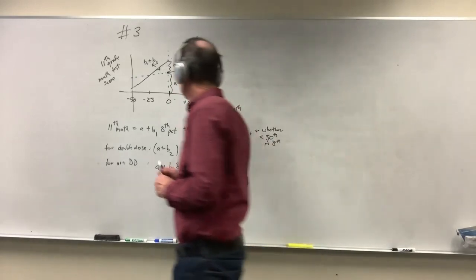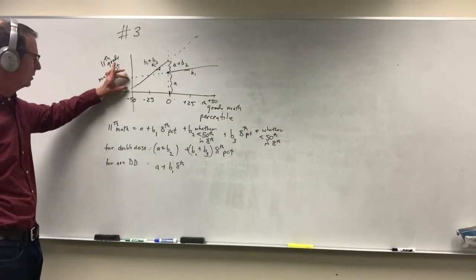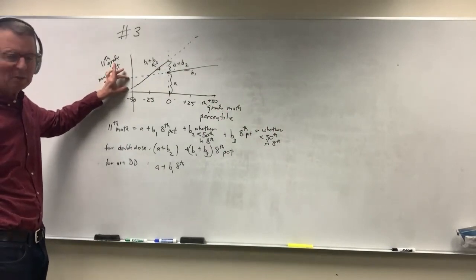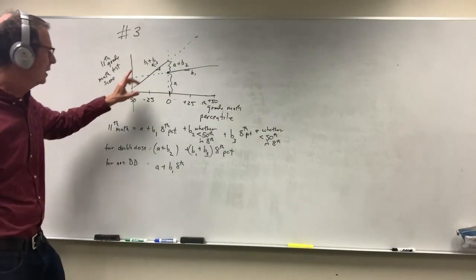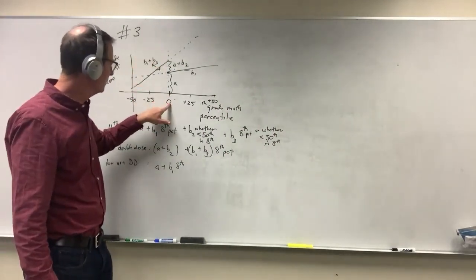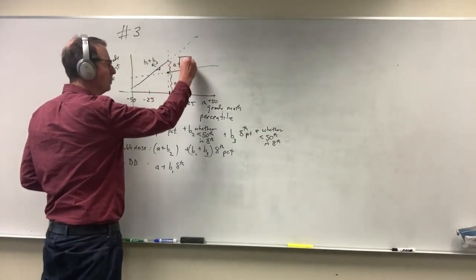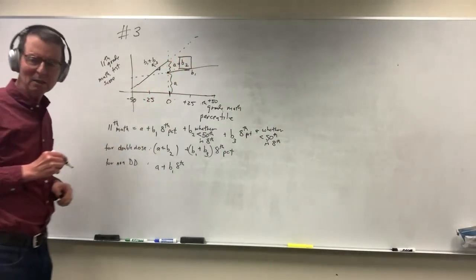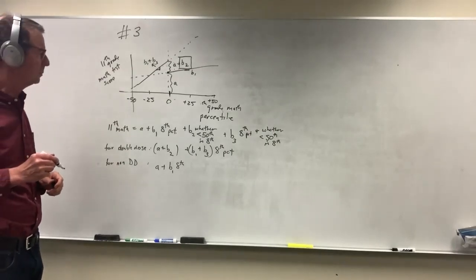And the jump is B2. So instead of B2 having this weird kind of negative interpretation over here because you were projecting it back to the 0 point, here you've moved the 0 point to center at the data, and B2 becomes exactly the number that you need to show you what the impact of double dose is.